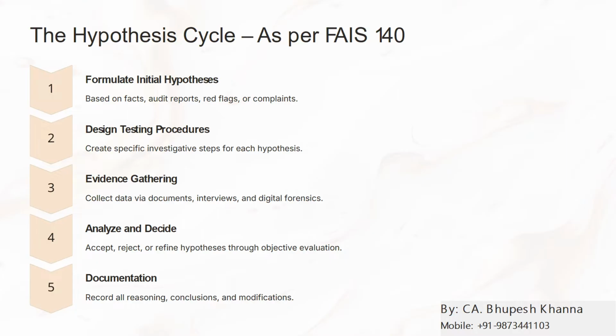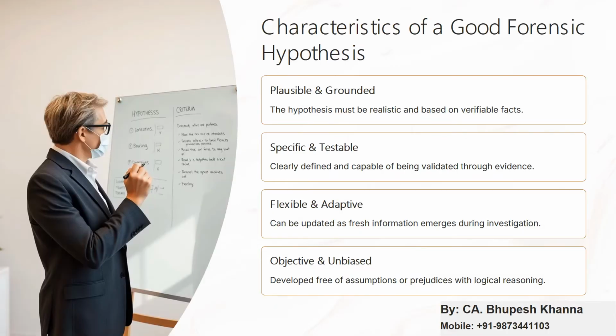Gather evidence through interviews, documents, digital data, etc. 4. Analyze findings to accept, reject, or refine hypotheses. 5. Document reasoning and conclusions for each tested hypothesis. This cycle continues until a coherent and supportable conclusion is reached.